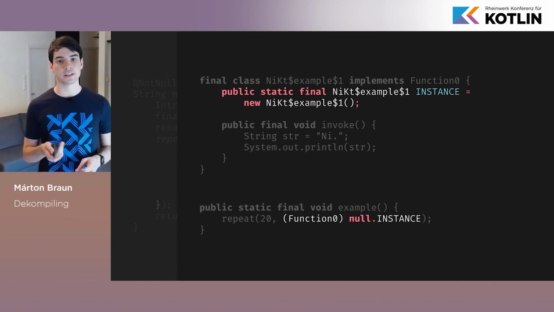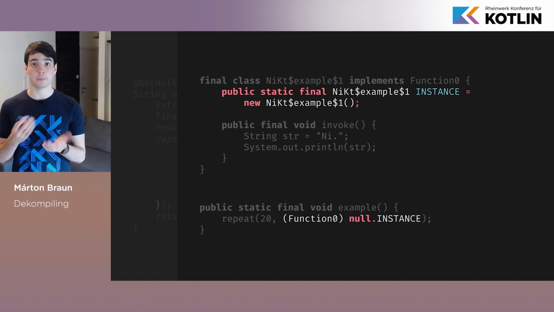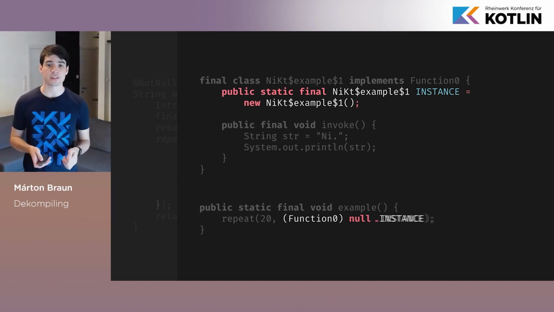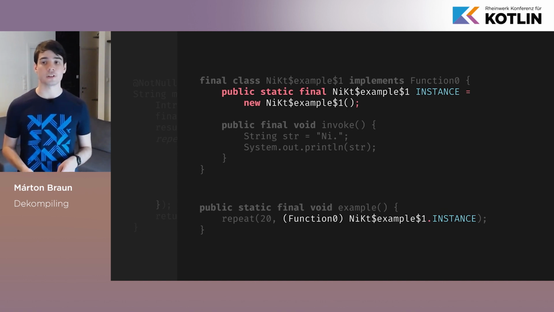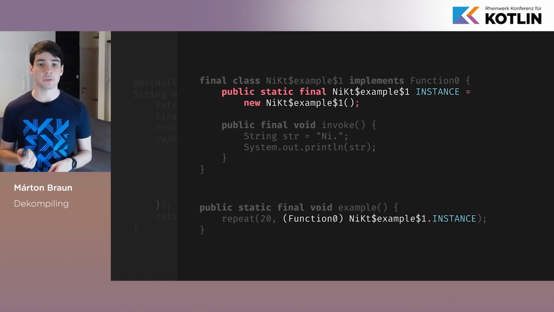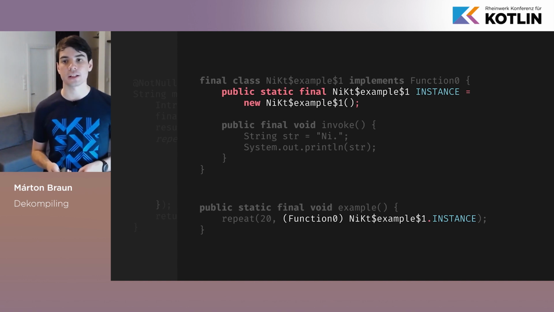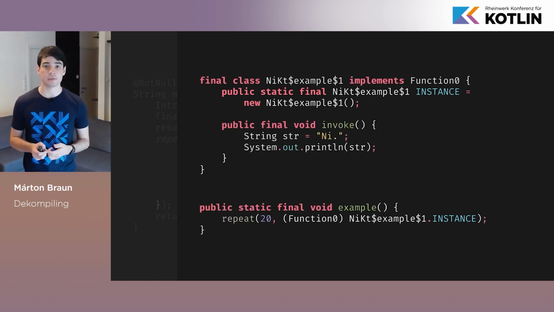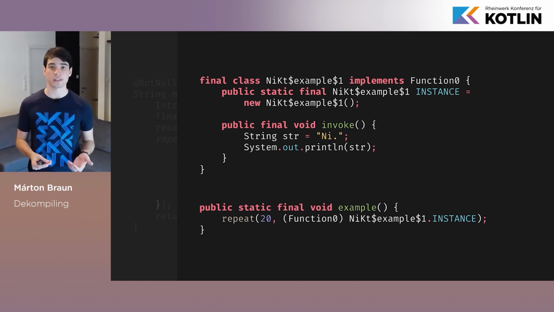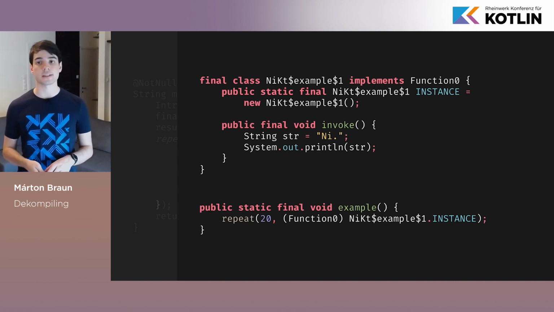And this is what the null.instance we saw earlier was meant to reference. So this is actually an instance of this generated function implementation, which is used every time that we call the example function that we have. Because we are not capturing any external values, we can just reuse the same function 0 instance and don't have to create new instances as we go along.